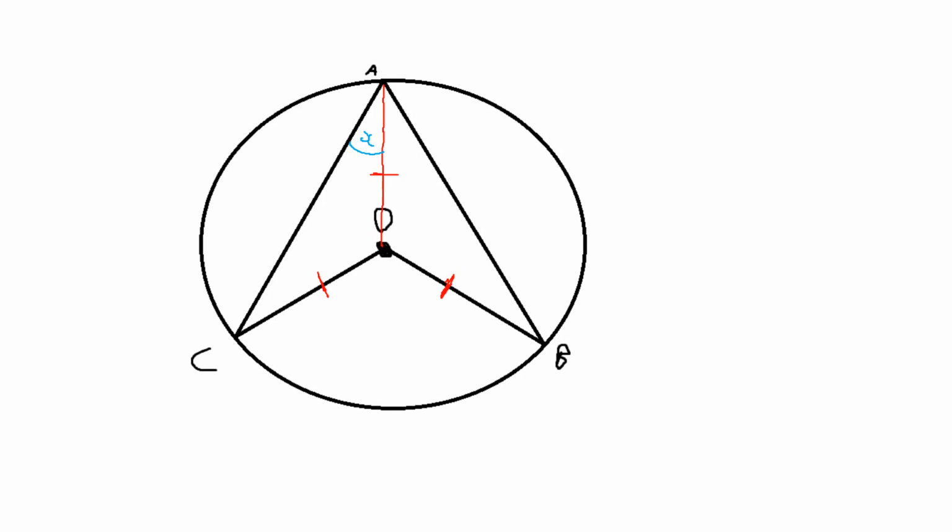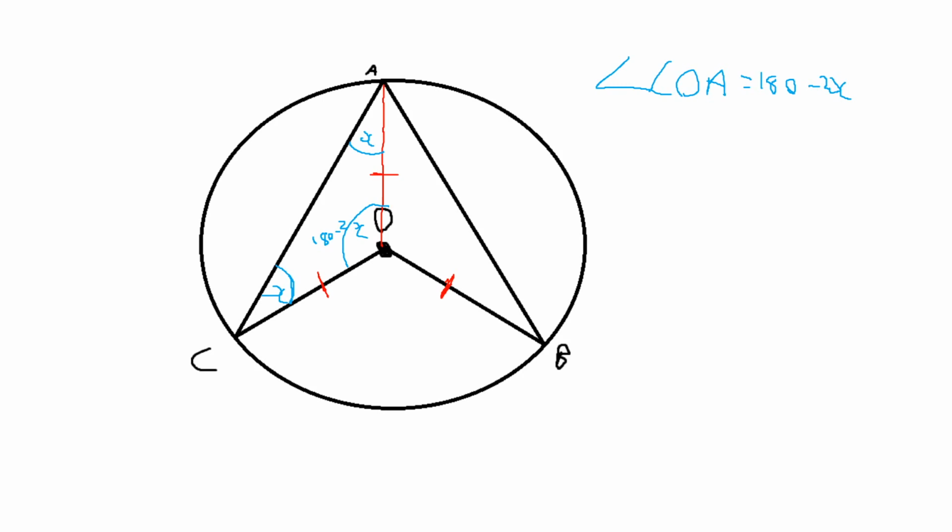And if this is x, then this too has to be x. And if these two are x, then it means the angle COA is equal to 180 minus 2x. Yeah? So this is 180 minus 2x.